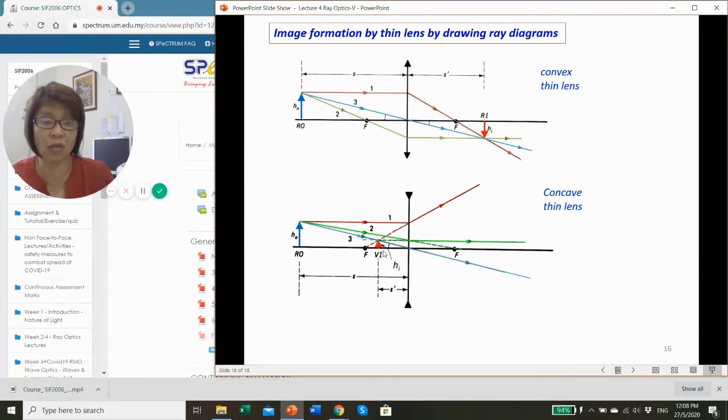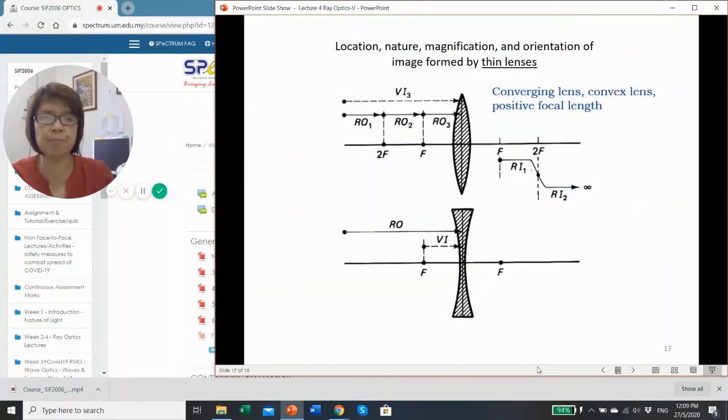This ray will also pass through this intersection point here. The lateral magnification will be given by the height of the image over the height of the object, or the image distance over the object distance with the negative sign in front here.